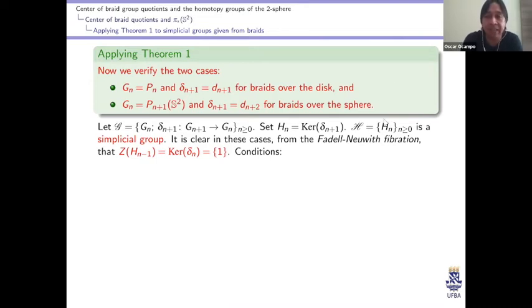So this calligraphic H will naturally be a simplicial group. And from the Fadell-Neuwirth fibration, we know that the groups Hn-1 are free groups. So the center is trivial. Okay? I apologize here. In fact, it's the center of the kernel of delta n. Okay? And it is trivial, of course, the center of the group is trivial.